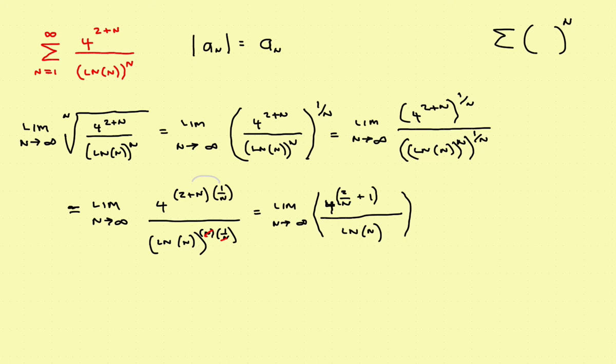So what's this going to be like when you take the limit? If you take the limit as n goes off to infinity, then just looking at this 2 over n here, you've got 2 divided by a number that's going off to infinity. This 2 over n will go to 0. So that's going to leave you with, in the numerator, since that went to 0, now all that's left is 4 raised to the first power.